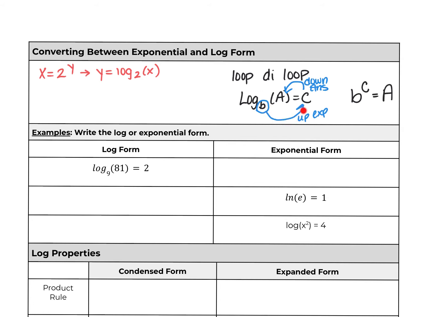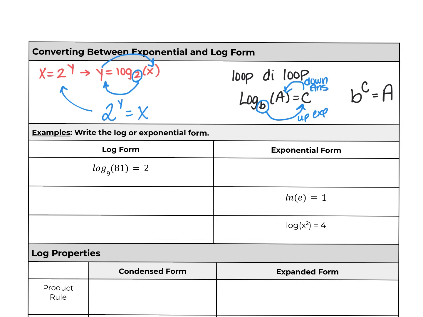So b to the c equals a. Does this make sense? Does 2 to the y equal x? It's okay that the arrow is going the other way, it's just because the equal sign is that way. Well, yeah, we start at the base and we circle it. So 2 to the y equals x. And look, that's the same thing here.